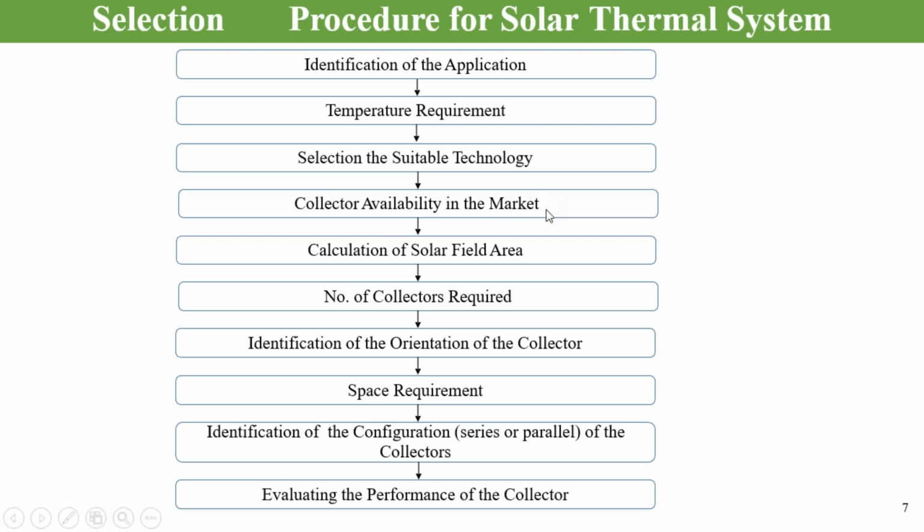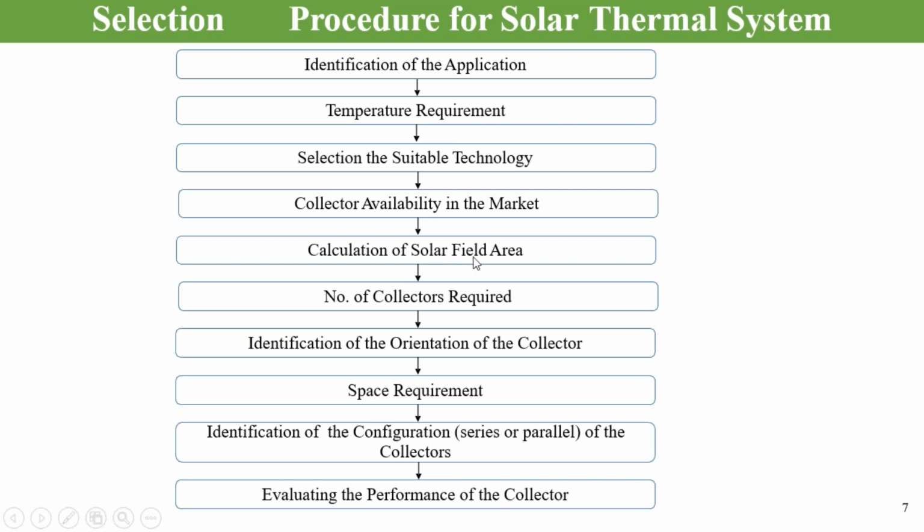Now again, we have to think about the solar field area. What is the solar field area? It is the land over which we need to put the solar collectors.